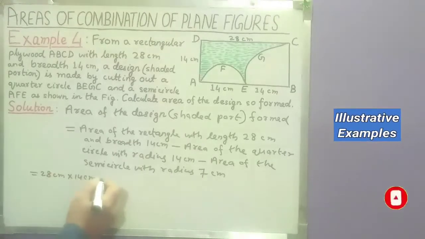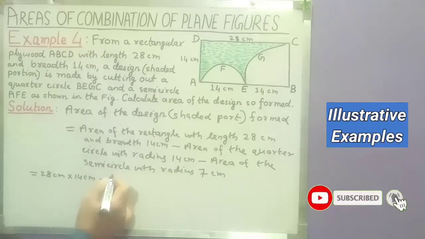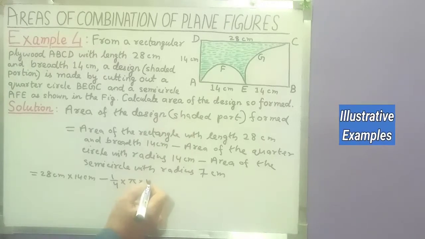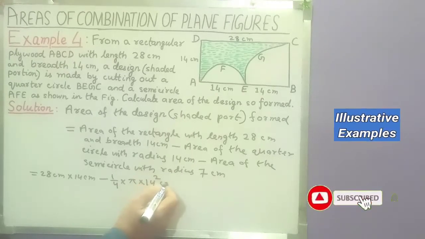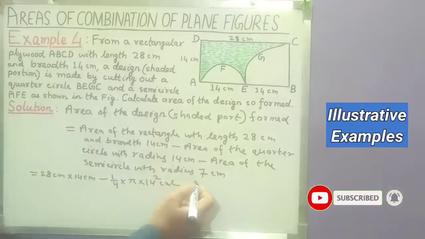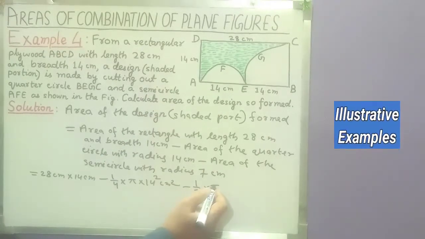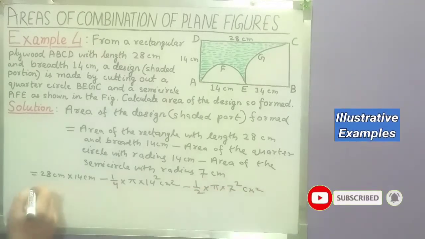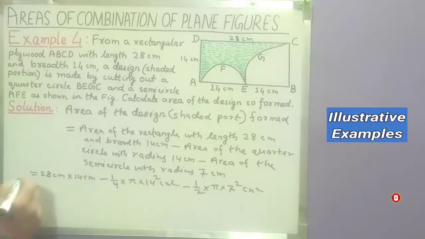28 into 14 centimeter square minus 1 by 4 into pi into 14 square centimeter square minus 1 by 2 into pi into 7 square centimeter square.